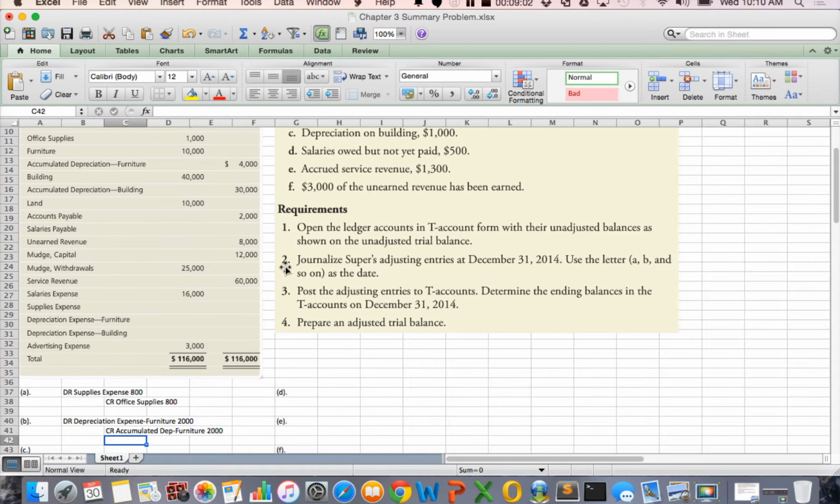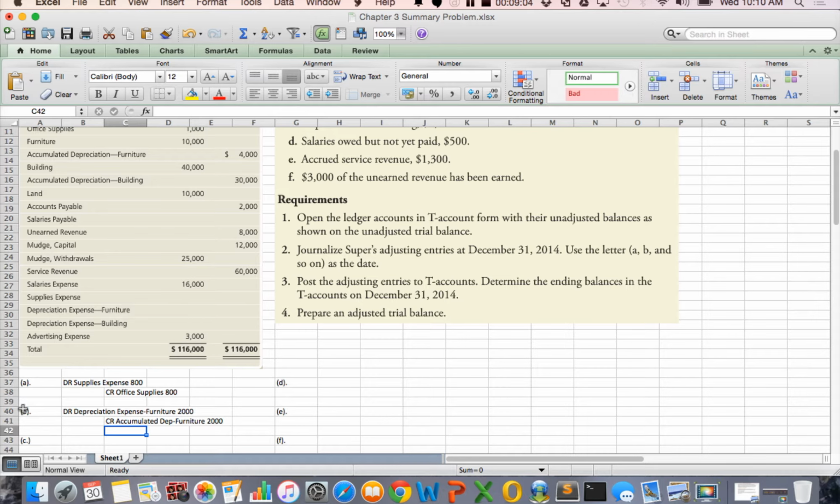Okay? So the next one, very similar to that, except now we're talking about the building, and we have a depreciation expense of $1,000 for the building. So it's going to be the exact same format as the one we just did. It's just going to be the building instead this time.